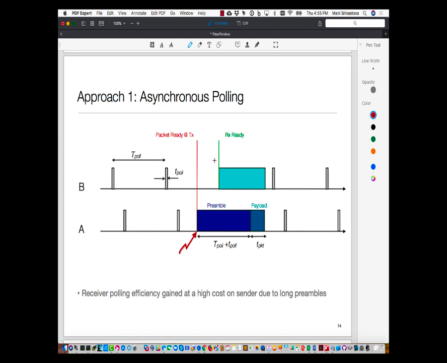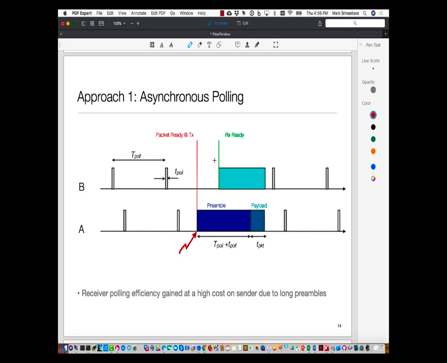What's happening here is that A goes ahead and starts transmitting the packet immediately, except that it sends a long preamble. The preamble is long enough so that B is bound to wake up during this period.